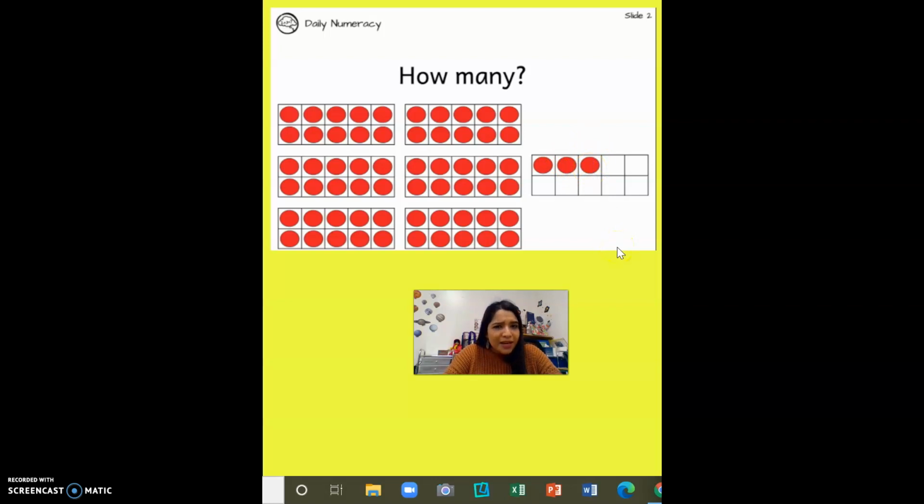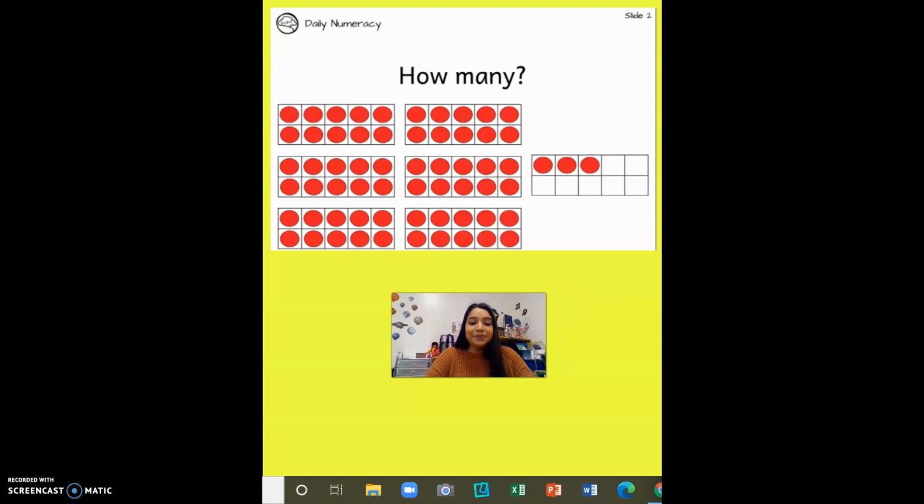How many counters do we have? 63. Awesome job. Thank y'all so much for counting with me. We have 63 counters and we were able to count by tens.